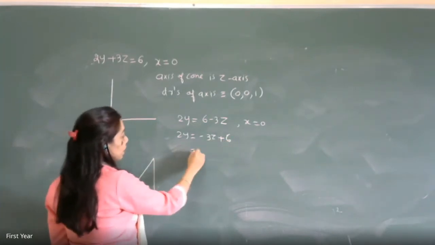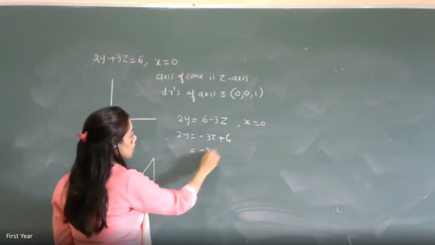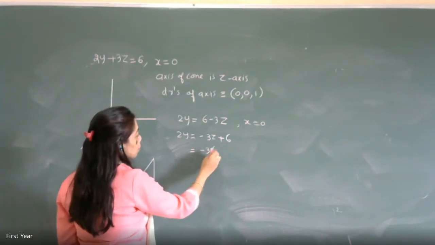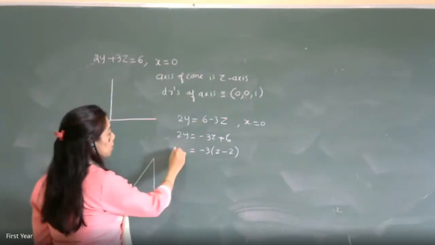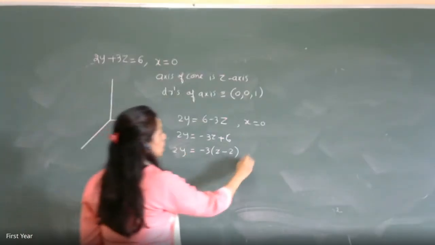So I can simplify and write this as minus 3 times (z minus 2), and this will become 2y, and x is equal to 0.